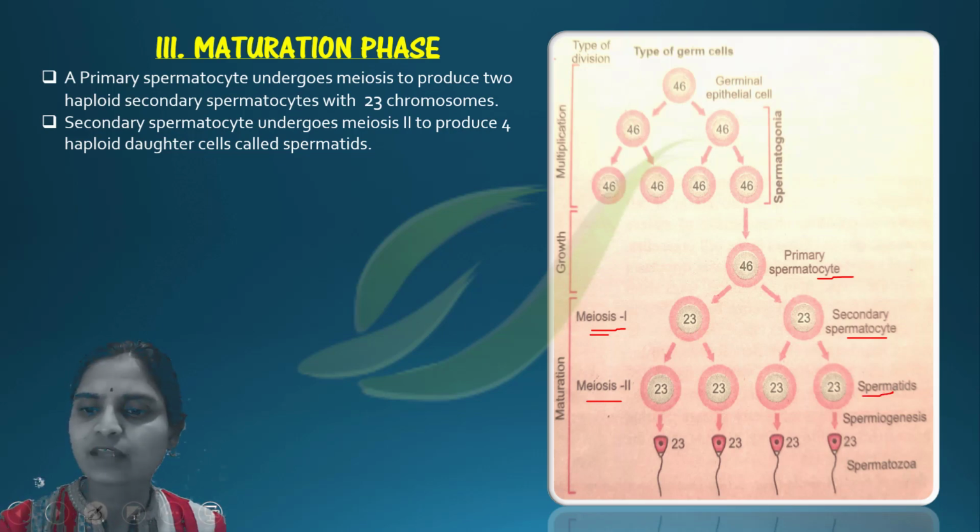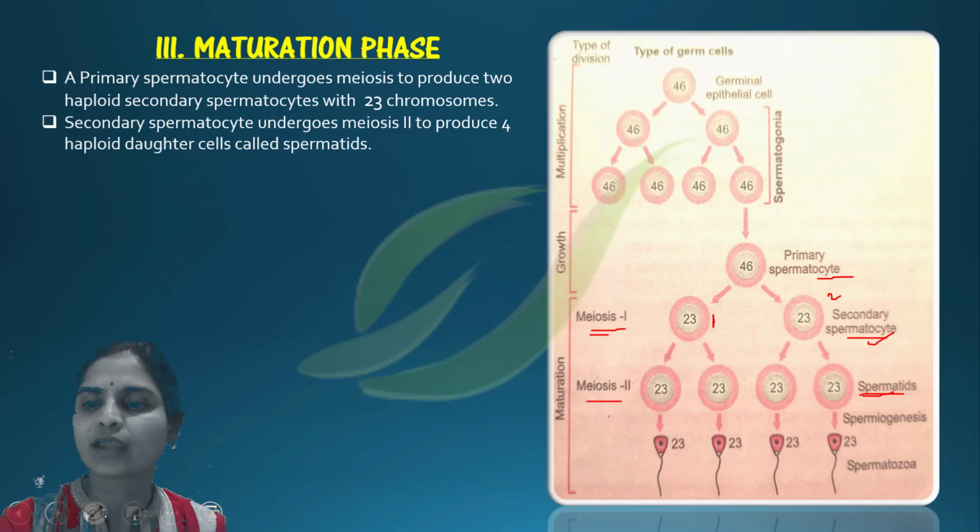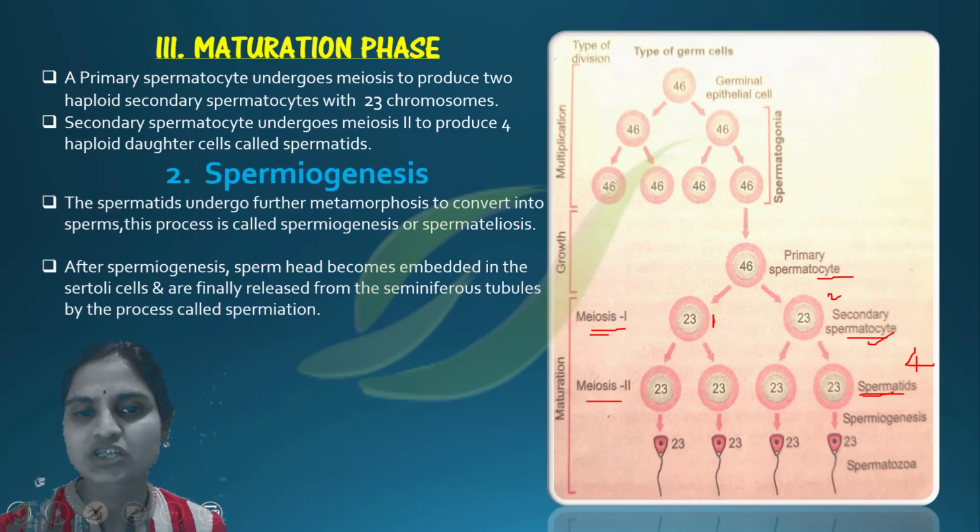Two secondary spermatocytes have been formed, and each secondary spermatocyte will produce two spermatids. So at last, after meiosis 2, we get 4 spermatids, which are haploid in nature.